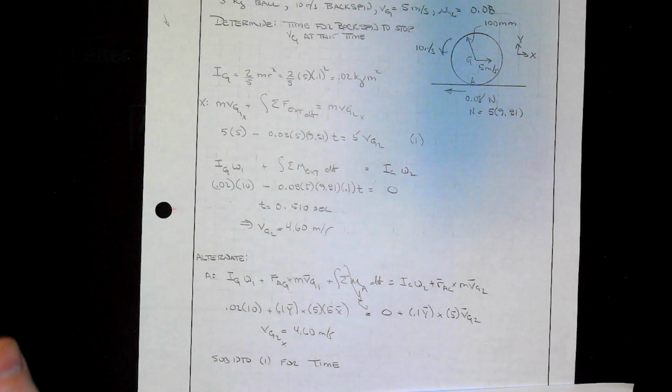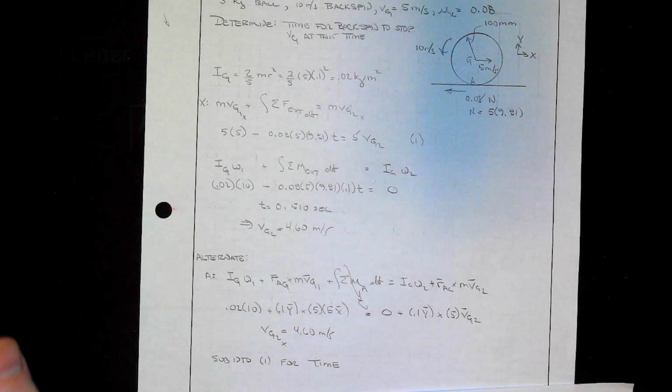All right, so here's our initial momentum, mVg, and what we have for the sum of forces is simply 0.08 times N, the normal force, and that'll act for some amount of time t to produce what will be the final velocity when we convert to rolling without slipping.